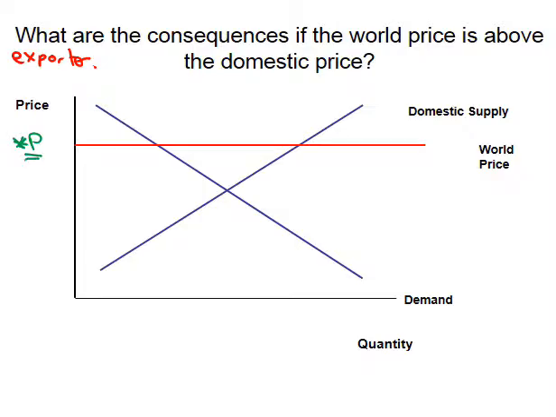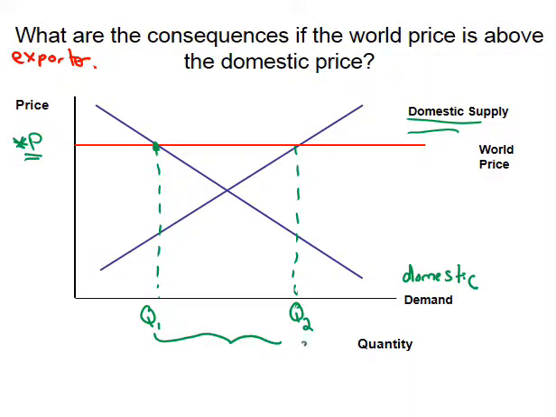So let's look at what's happening here. Let's bring down the price here. This is the domestic demand. And here's our domestic supply. So we have Q1 and Q2.